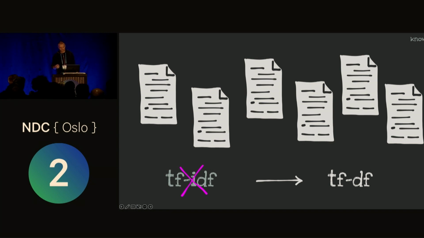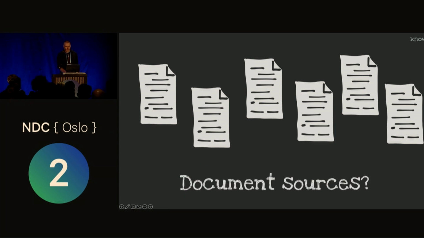Instead of term frequency, inverse document frequency, you have term frequency, document frequency, which basically means that words that are used most and in most documents get the highest stopword score, or stopwordness. And to do this kind of analysis, we need a lot of documents.